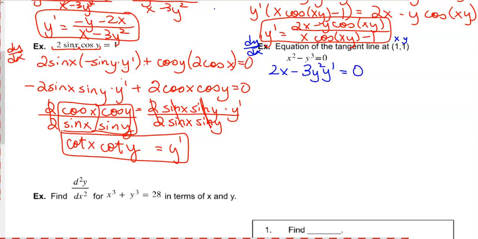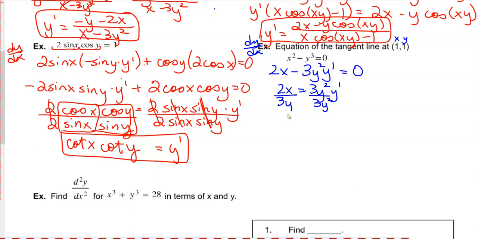So what I need to do is get y prime by itself. So I'm going to think about adding this term over. So I get 2x equals 3y squared y prime. You can subtract the 2x. That'll get you the exact same answer. And then I'm going to divide by 3y squared and divide by 3y squared to get y prime by itself.